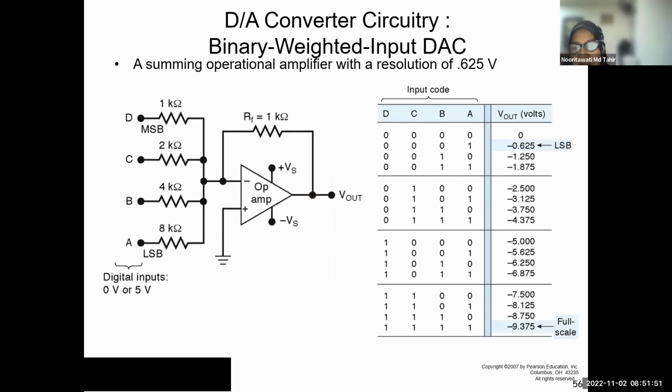Sometimes it is called step size, sometimes resolution. Similar parameter, which means the consistent value when your input changes from one value to another. Maknanya daripada 0 ke 1, step size-nya ataupun resolution-nya adalah 0.625.